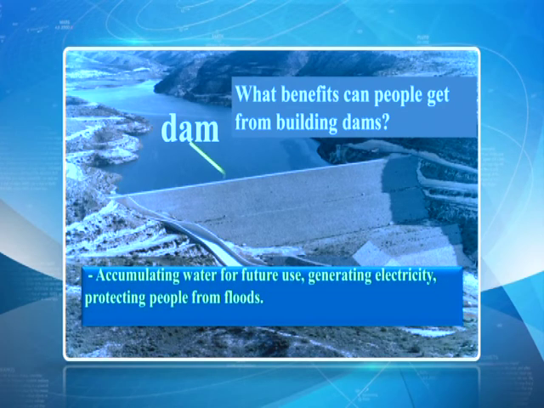Accumulating water for future use, generating electricity, and protecting people from floods. Now, if you write it in a full sentence, you should start by what? People benefit from dams in several different ways, such as, and then you mention the words over here, accumulating water for future use, generating electricity, and also by protecting people from floods.